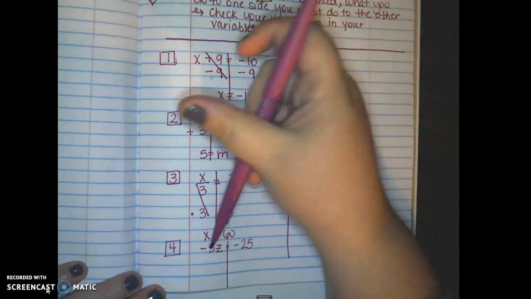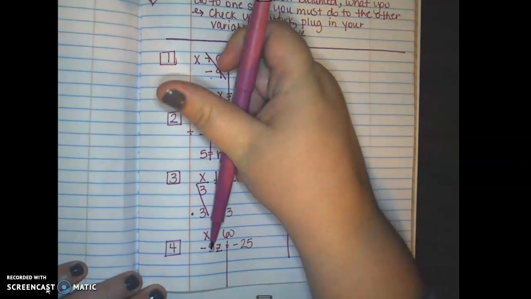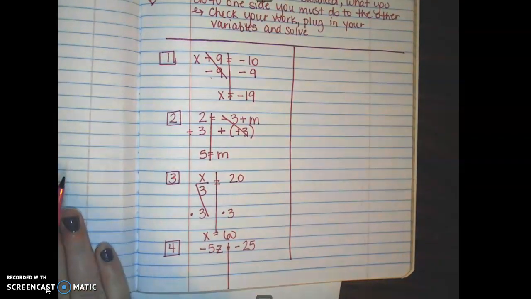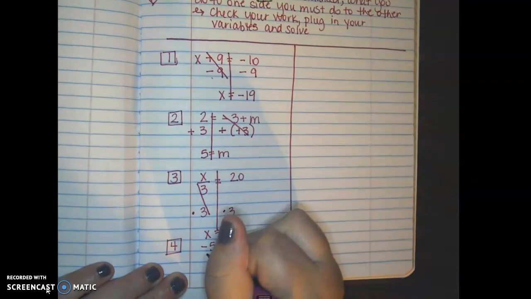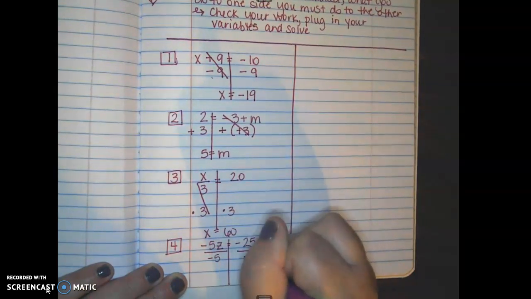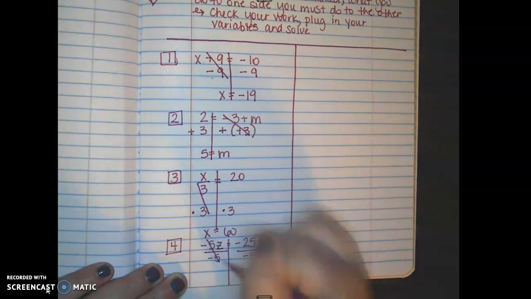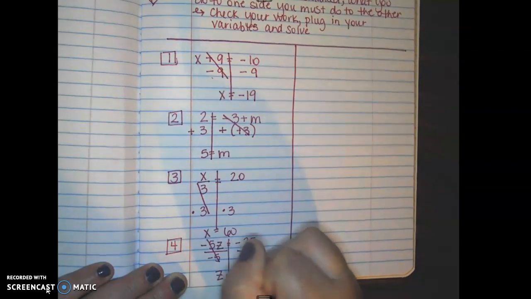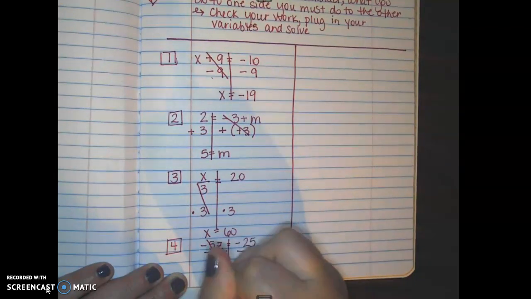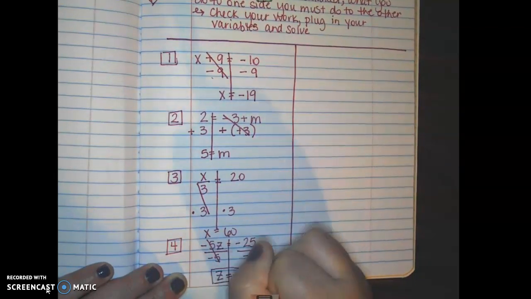And this negative 5 is called the coefficient. And a coefficient attaches to that variable. They're like best friends, and it means multiplication. All right? So the opposite of multiplying is to divide by negative 5. Leaving me with z equals negative 25 divided by negative 5, which is just a positive 5.